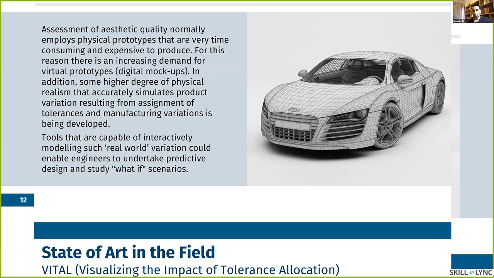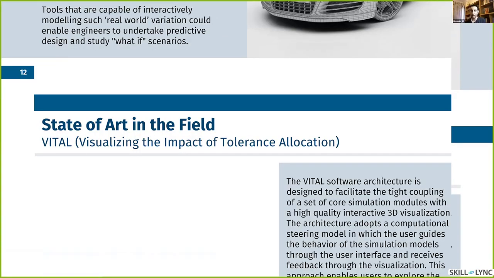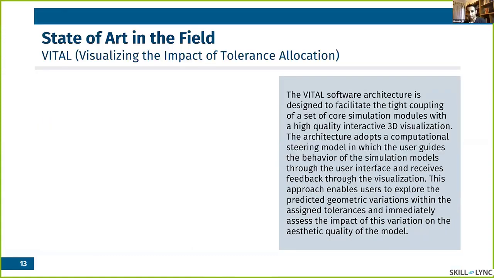The Vital software architecture is designed to facilitate the tight coupling of a set of core simulation modules with a high-quality interactive 3D visualization. The architecture adopts a computational steering model in which the user guides the behavior of the simulation models through the user interface and receives feedback through the visualization.